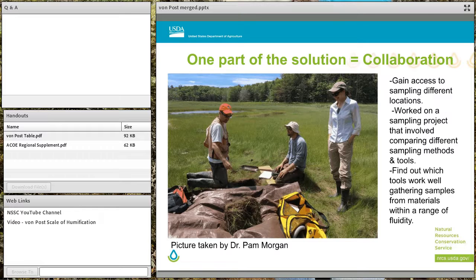This is a photo here taken by Dr. Morgan and one of her students, Tessa, and we collaborated, gaining access to areas.